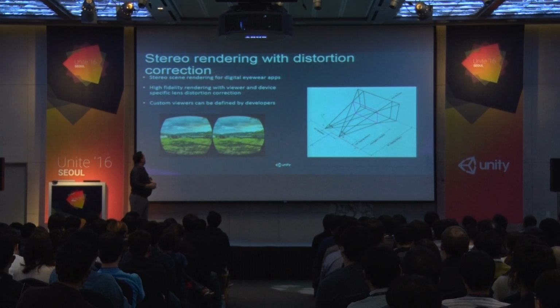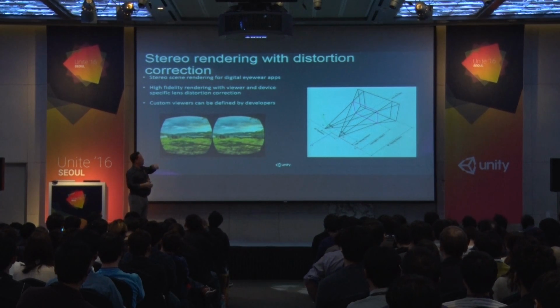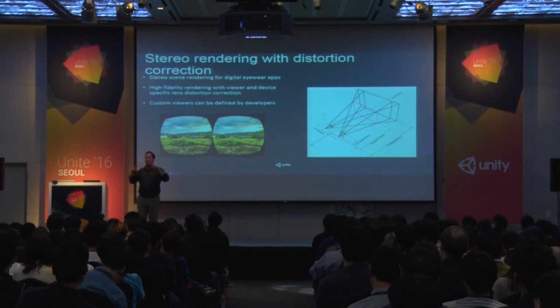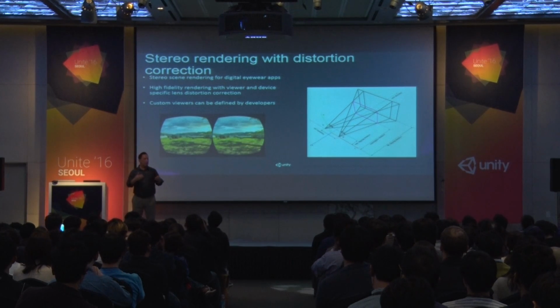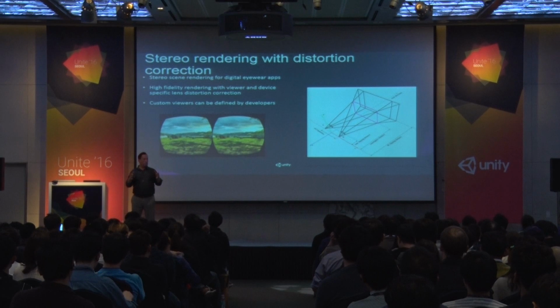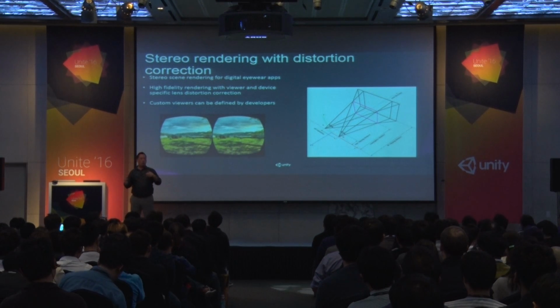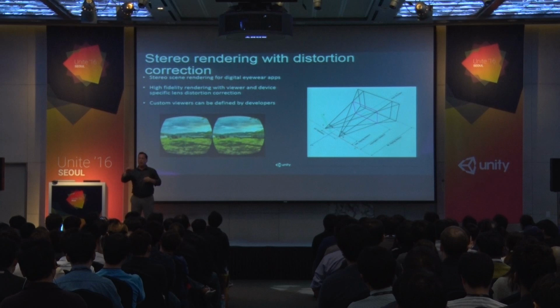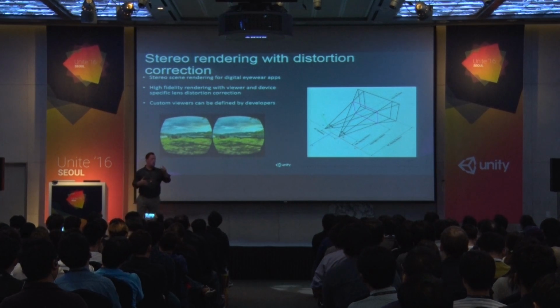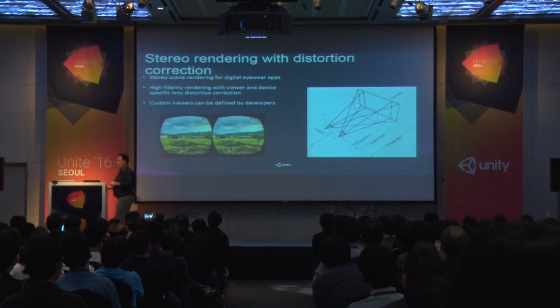Right? So it provides stereo rendering, as you can see here. It provides distortion correction, and it can be customized to a range of different viewers, whether it's Google Cardboard, Gear VR, or the Zeiss VR1. We have a set of settings that I'll show you in Unity that you can just select. You don't need to know the parameters. We have them pre-configured for you.